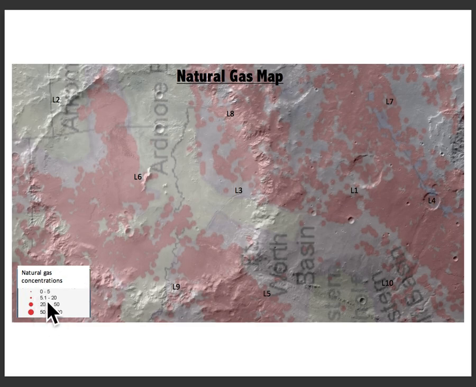This is kind of a dot matrix, so this one's a little bit different. This one shows at L2 almost no dots of red. So that would indicate that we have virtually no natural gas available at that location.